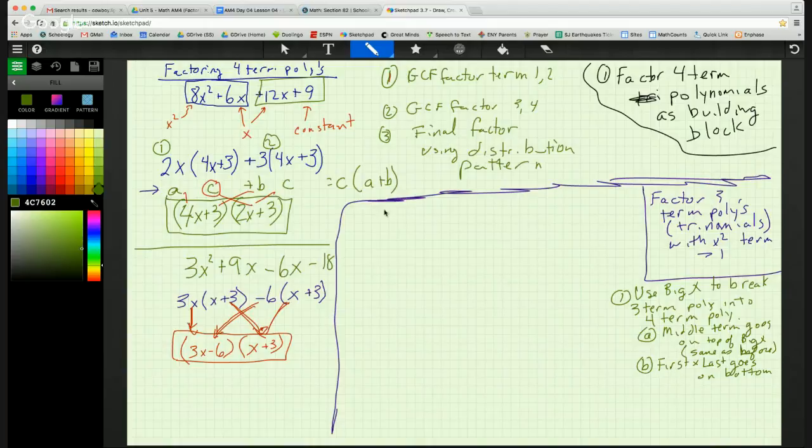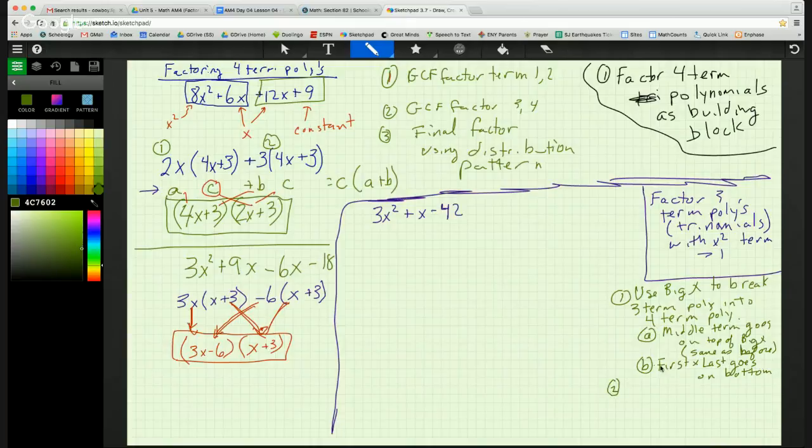So let me just write the example up here that we're going to work on, and then we'll come back to the procedure. 3x squared plus x minus 42. Okay. Now let's look at step number 2.